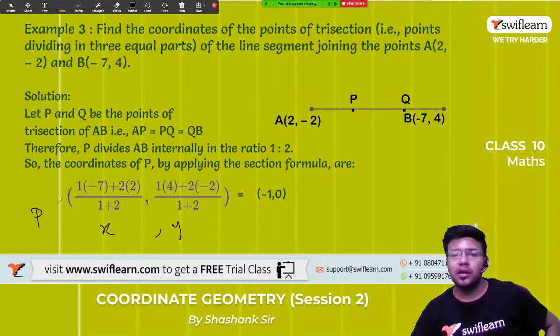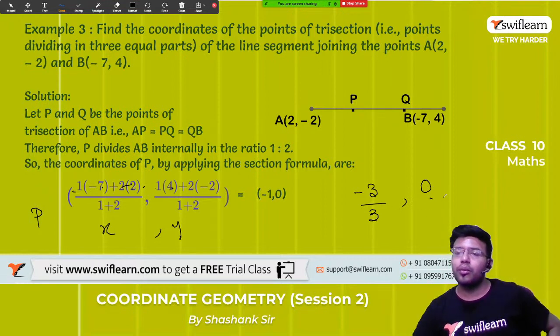Simplify this. Okay, -7 plus 4. 2 into 2 is 4. -7 plus 4 is -3 and divided by 3, comma 4 into 1 is 4. 2 into -2 is -4. 4 minus 4 is 0. So 0/3 is 0. Simplify this, 3 1 ja 3.